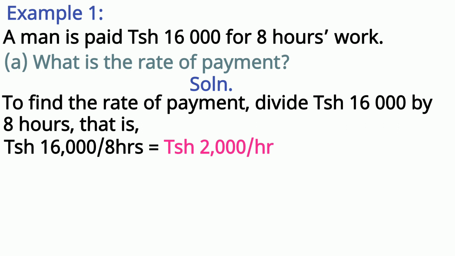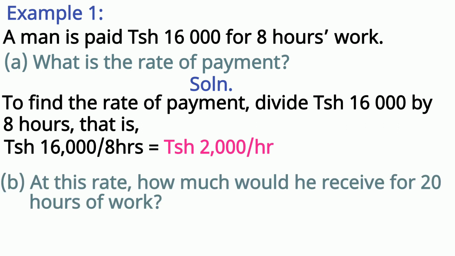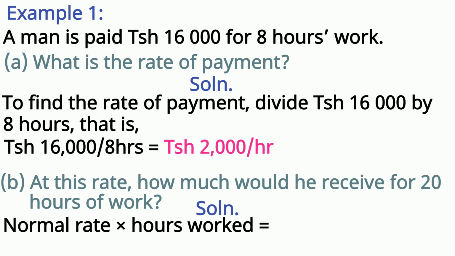Part B. At this rate, how much would he receive for 20 hours of work? In order to know how much he will be paid after working for 20 hours, we take the normal rate per hour times hours worked.